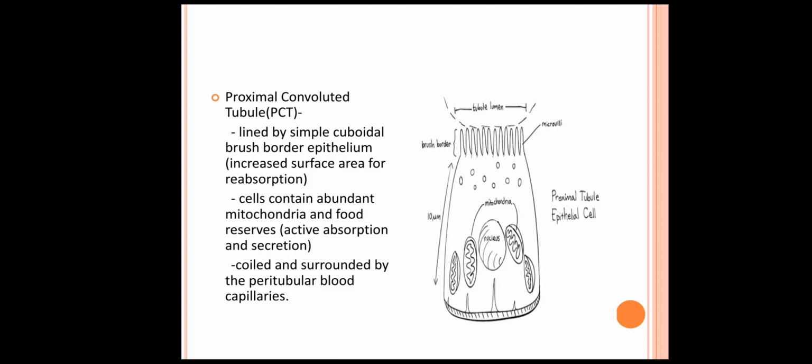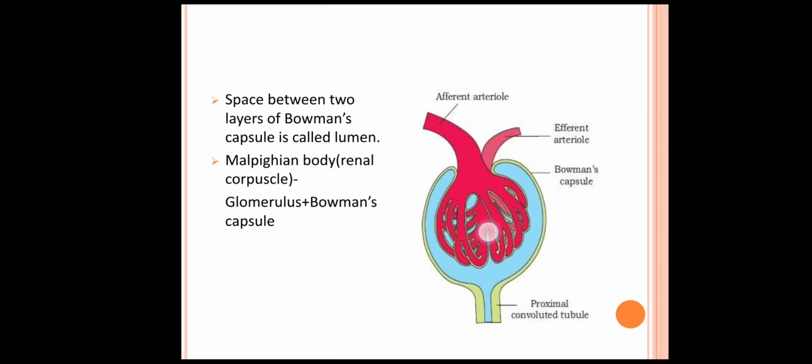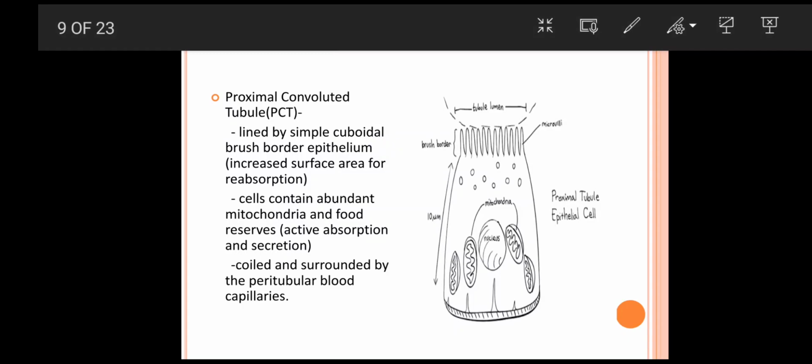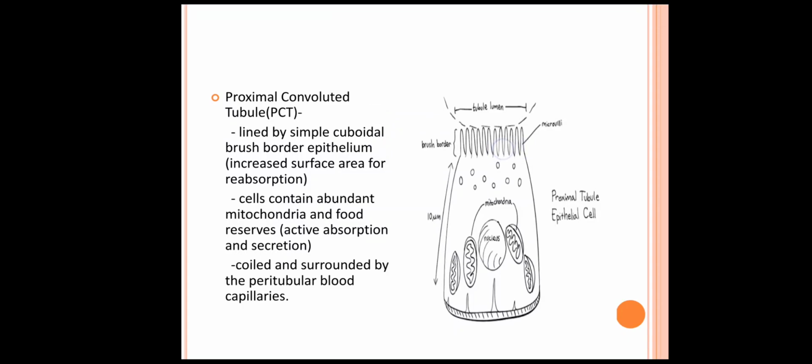The diagram here is of one cell of the proximal convoluted tubule. It is lined by simple cuboidal brush border epithelium to increase the surface area for reabsorption.